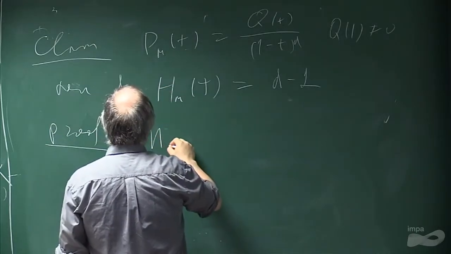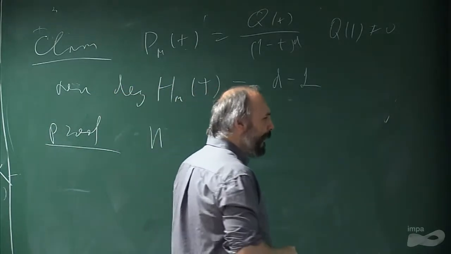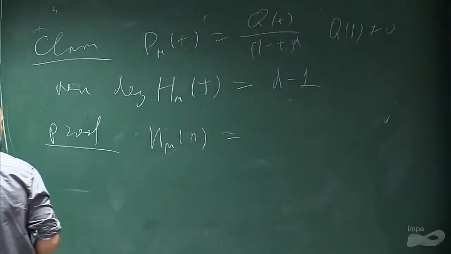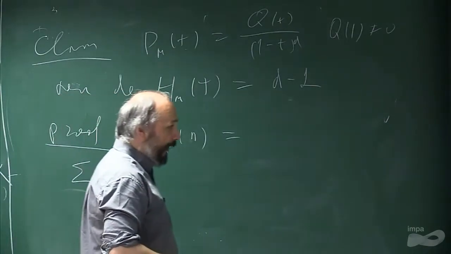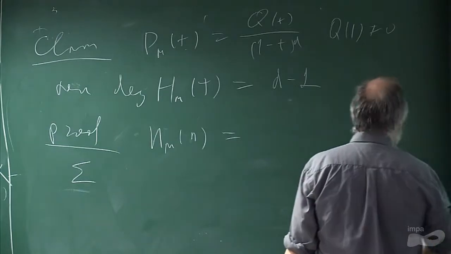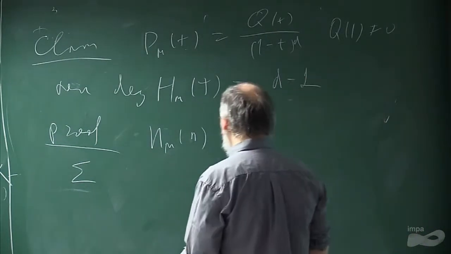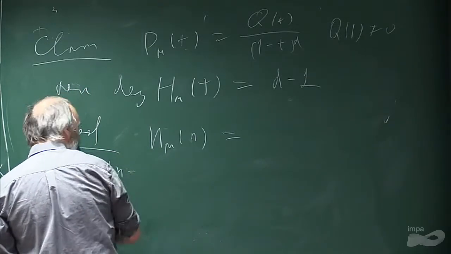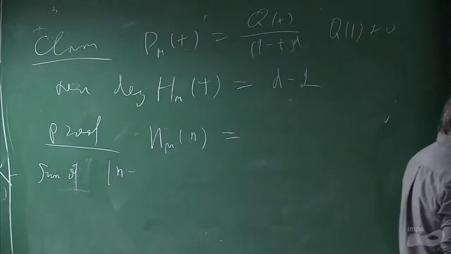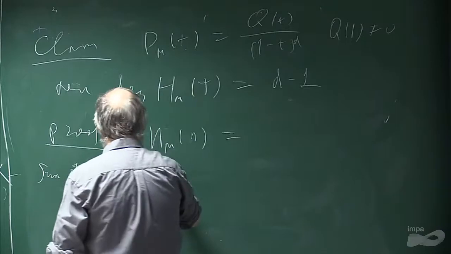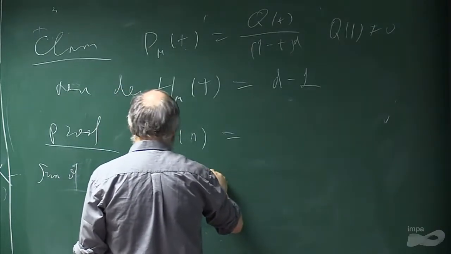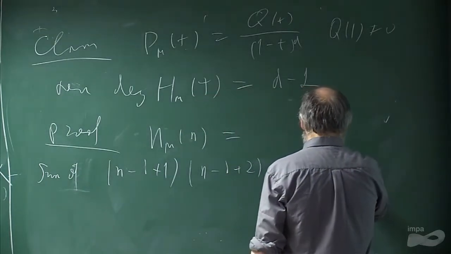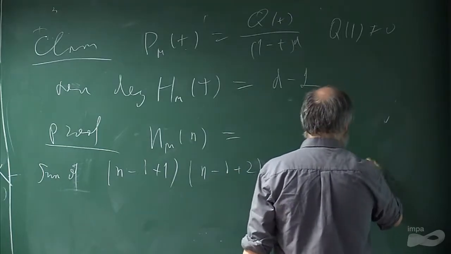The Hilbert polynomial is a sum of several terms, which are, up to a constant, proportional to: here you have n minus i plus 1, you multiply it by n minus i plus 2 and so on, up to n minus i plus d minus 1.